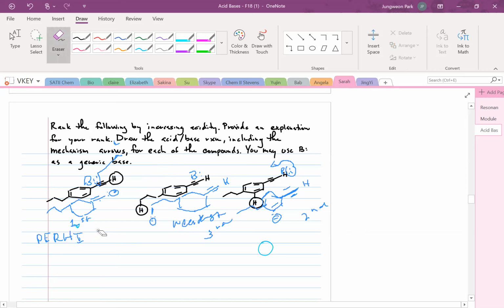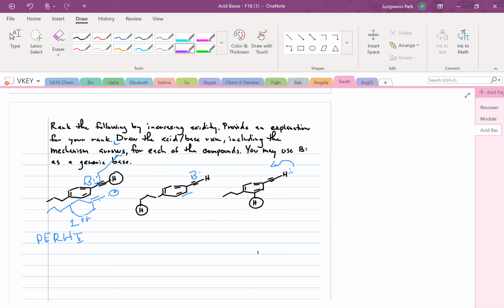When we're doing Perhi, do you look at where the electron is placed? Yeah. I think that's what your teacher is asking you to do. I've never heard of Perhi before.